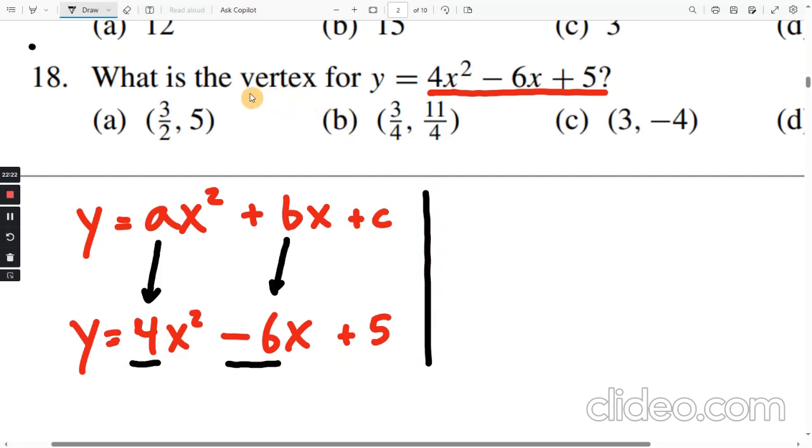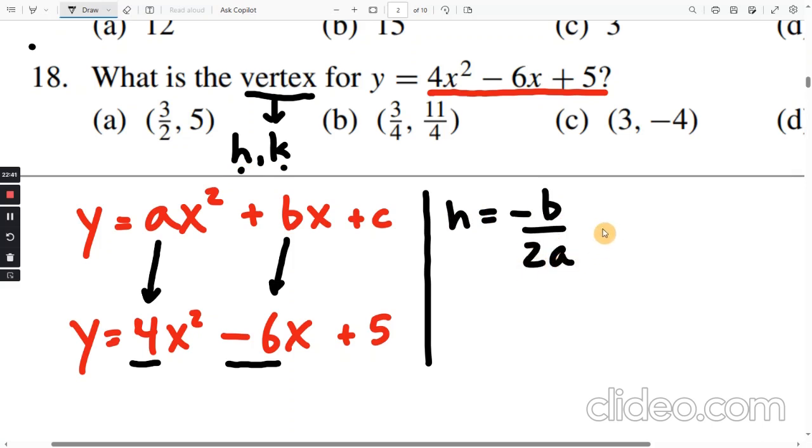They're asking us for the vertex. The coordinates for a vertex are h comma k, and we have a formula for the x and y coordinates. For h, it's just negative b over 2a. So start with a negative sign and then write your b. That's negative 6, divided by 2 times a, which is 4.